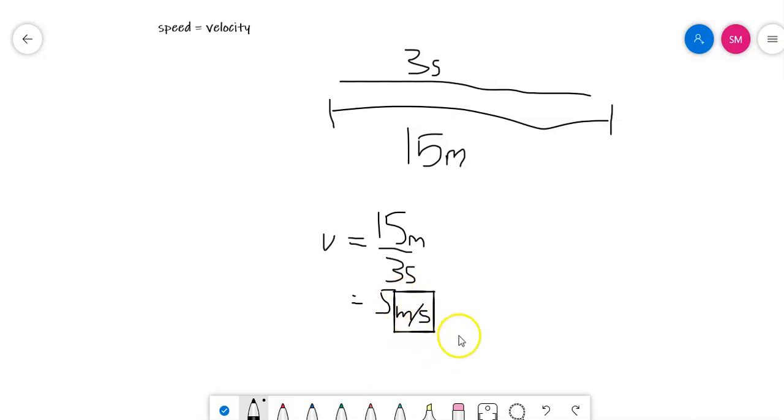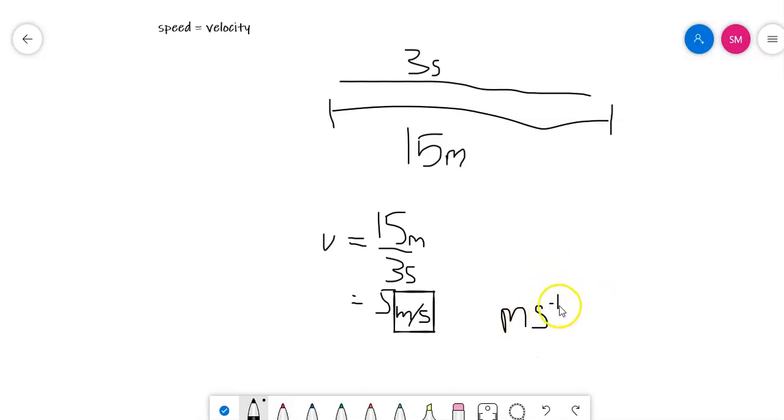You might also see meters per second, and actually more commonly, you will see it written as ms to the power of -1. That's meters times seconds to the power of -1. The reason we do this is just to make it easier to write.